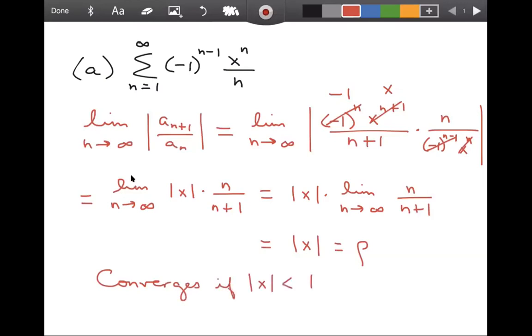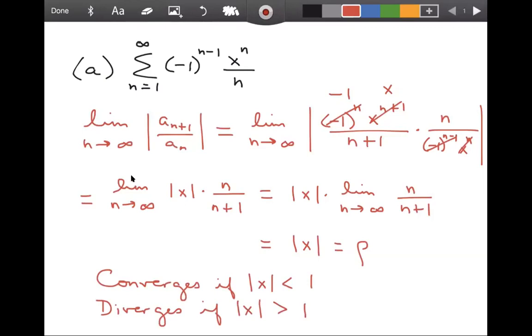And I think in this question, all they asked was, when does it converge and when does it diverge? So by the ratio test, this series converges when the absolute value of x is less than 1. It diverges when the absolute value of x is greater than 1.